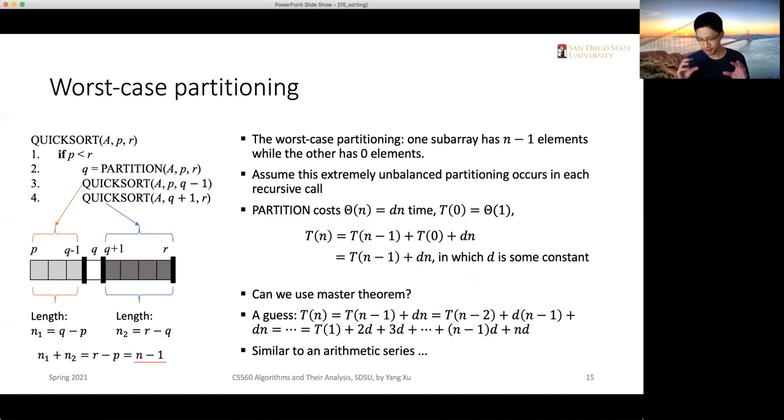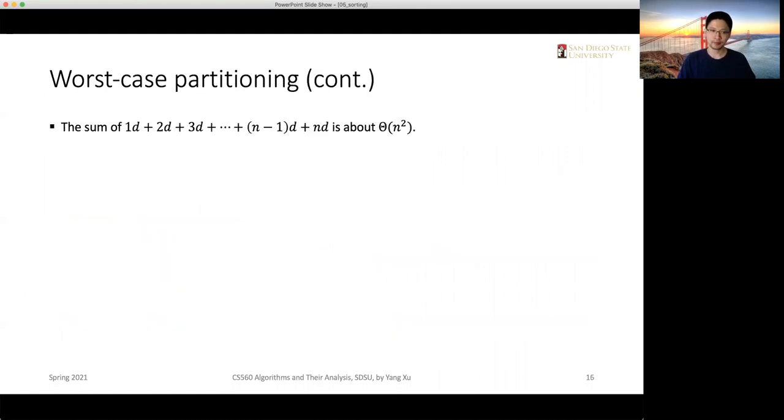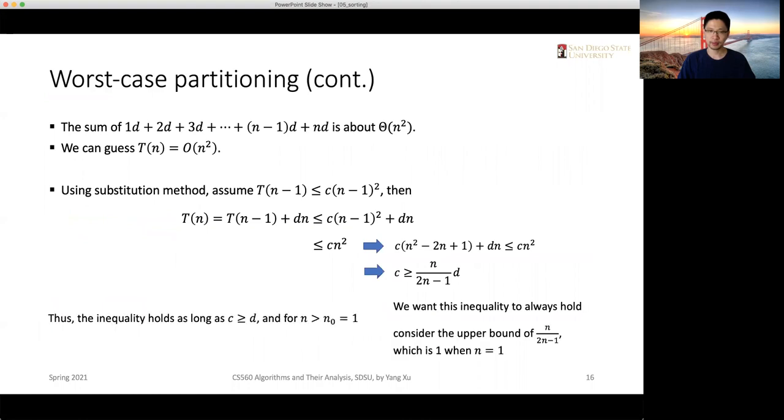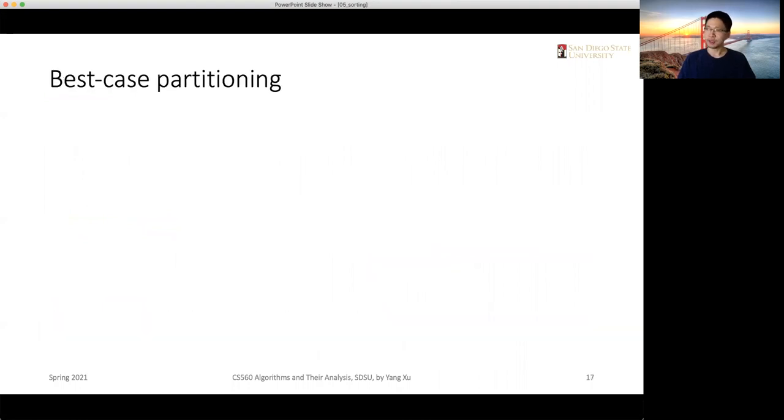We assume that every single recursive call would result in the worst results, which is not likely to occur in real cases. But it's important to keep this in mind, right? Because when we want to be strict in our analysis, speaking of the lower bound of the algorithm, then we have to analyze this worst case. All right, so that's the worst case.